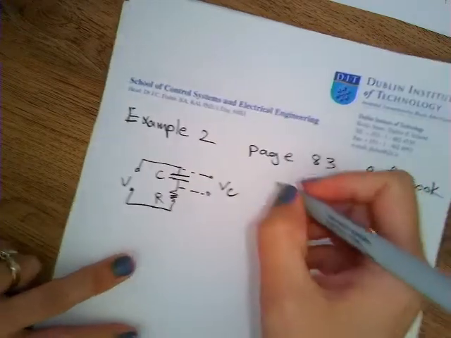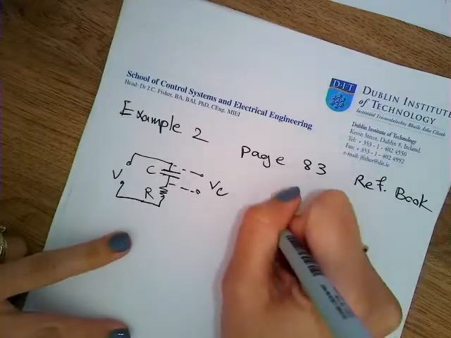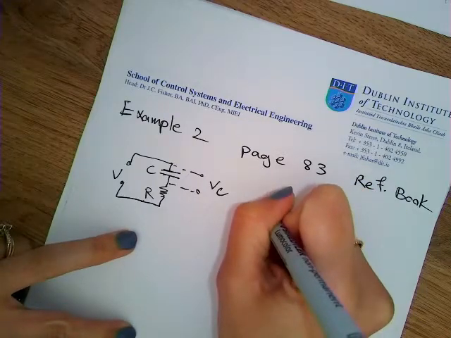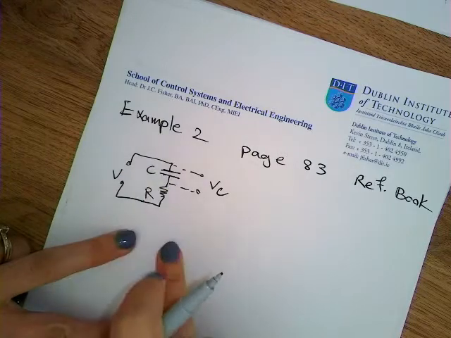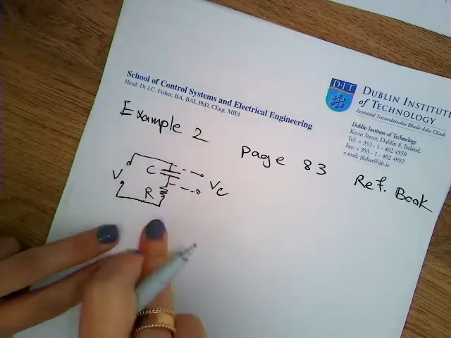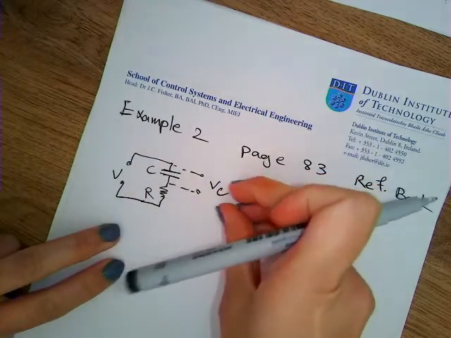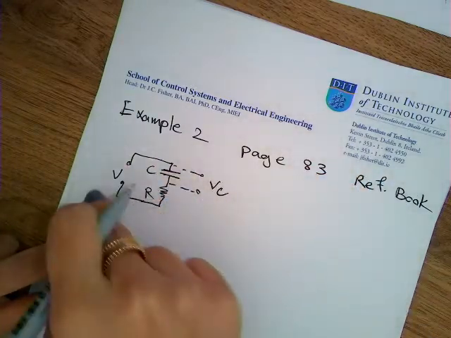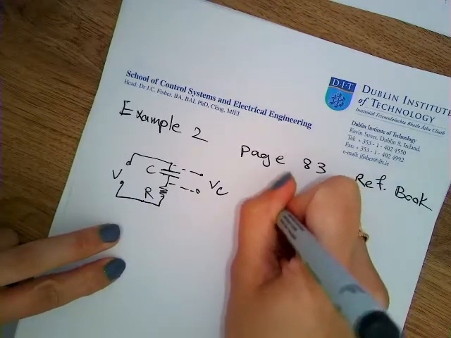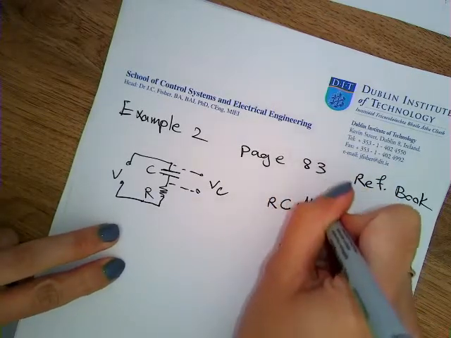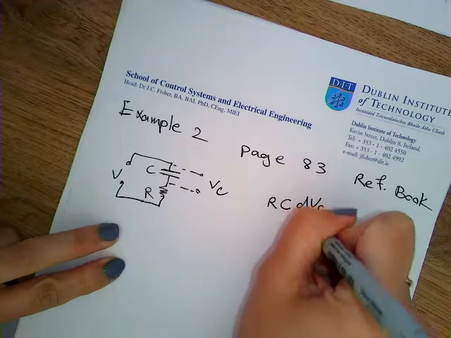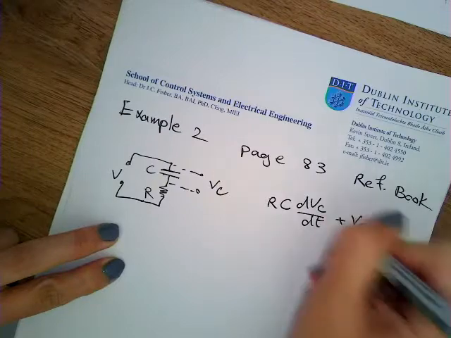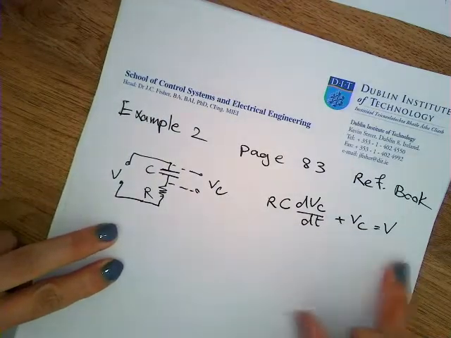If you have a problem understanding how we get that, we can use Kirchhoff's second law to write VC in respect to the input voltage. So RC, derivative of VC with respect to time, plus VC is V. Just a reminder of how we get that.